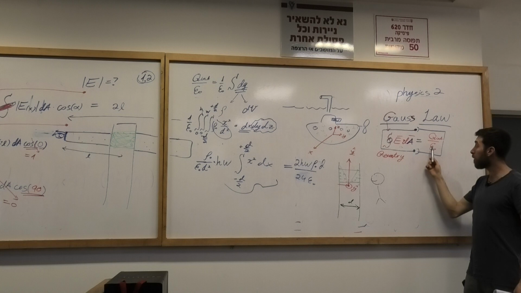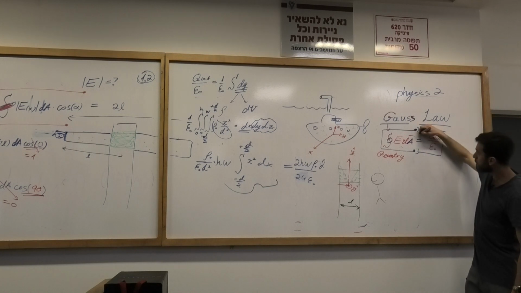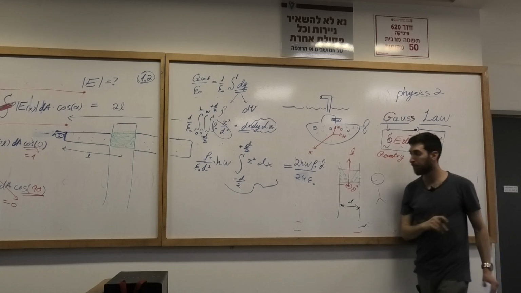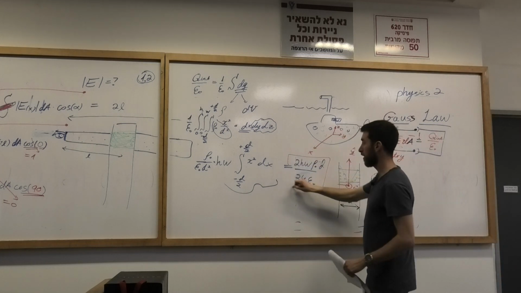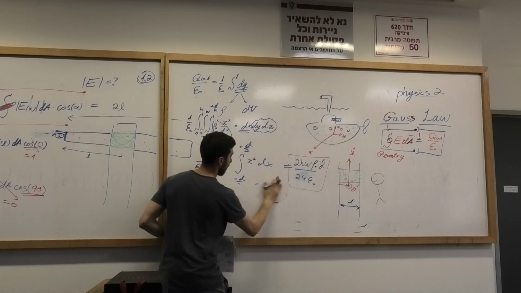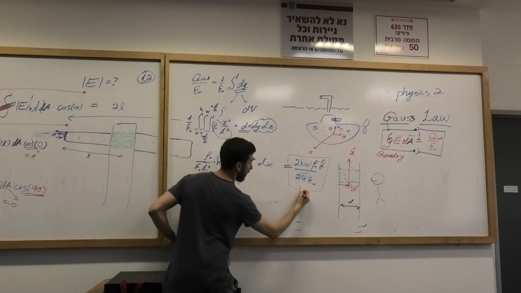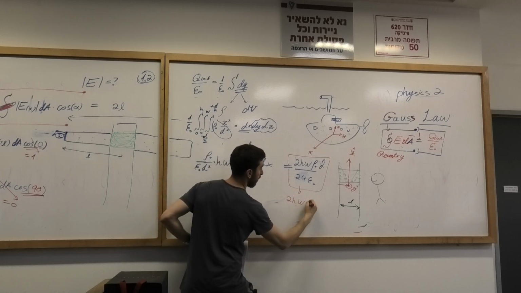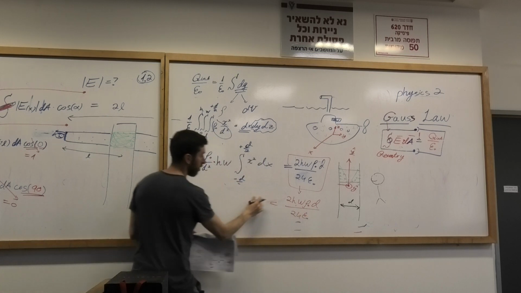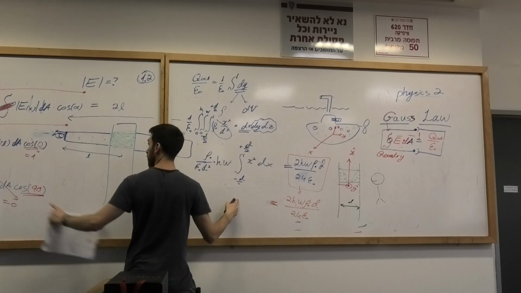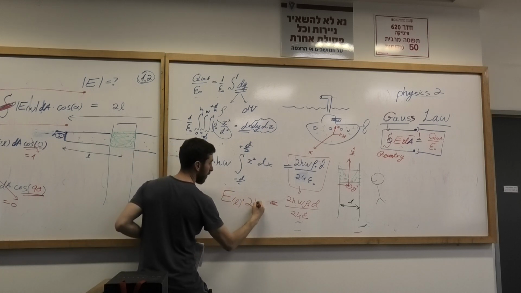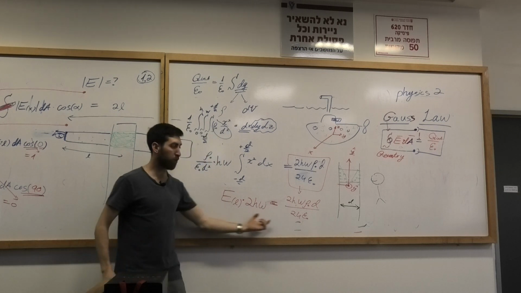And now we found that thing previously. The last thing we have to do to finish is to compare them. Understood? So let's set this thing, 2hw rho naught d over 24, equal to the other side of Gauss's law equation, which we found to be E L multiplied by 2hw. That's what we found.